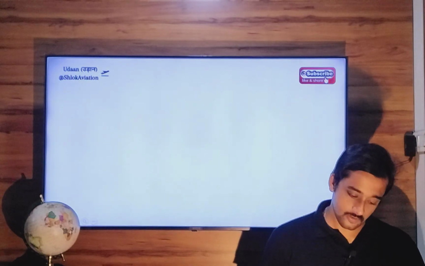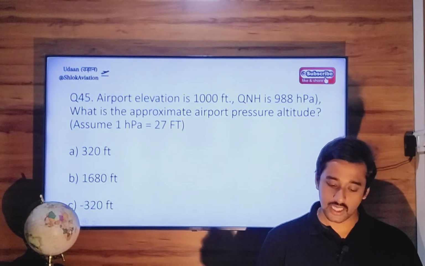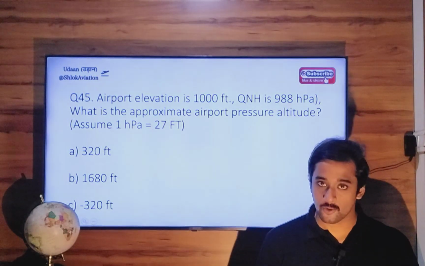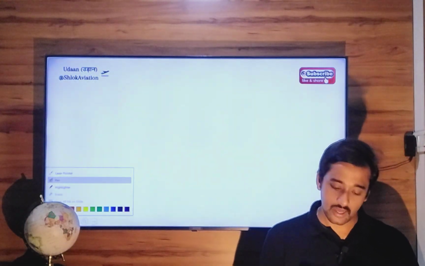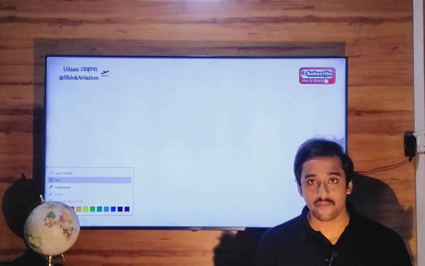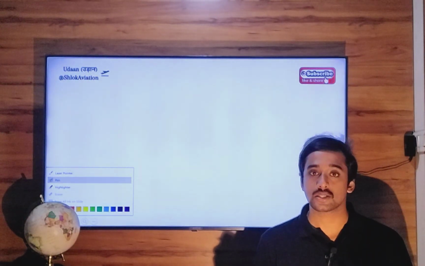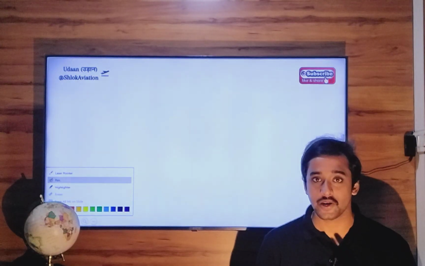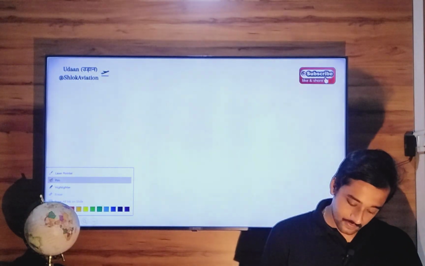Next, 45. Airport elevation is given, QNH is given. What is the pressure altitude of this airport? Do watch my altimetry playlist, in which I have solved all the altimetry questions from the Oxford Met book, and I have also explained altimetry, function of altimeter, altimetry errors, density altitude. Now let's say this is your airport.